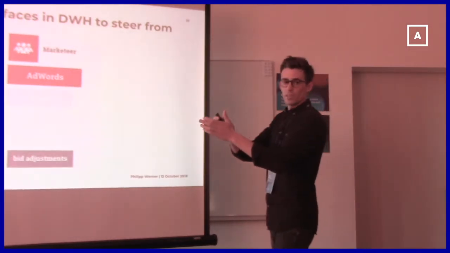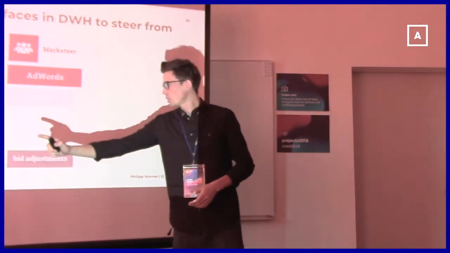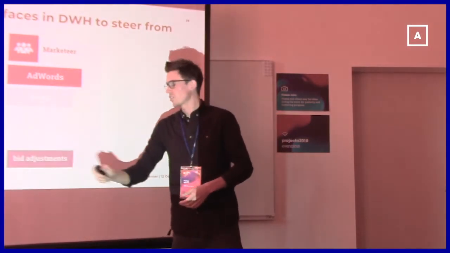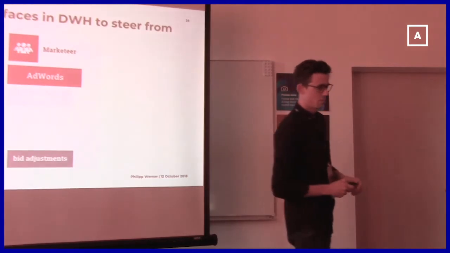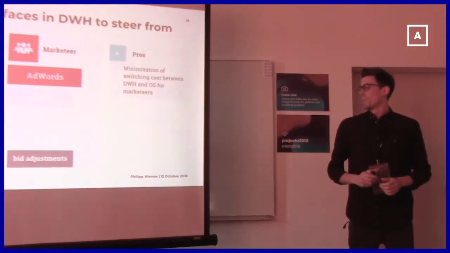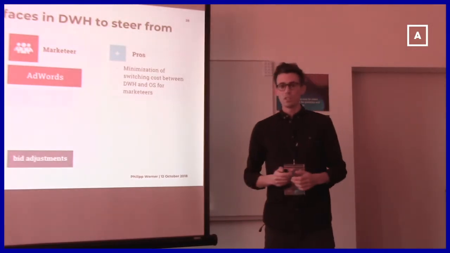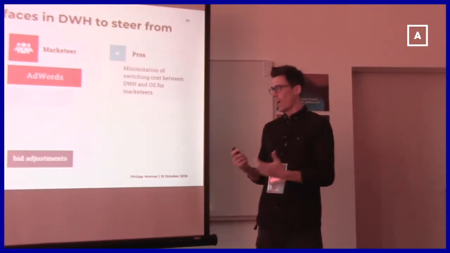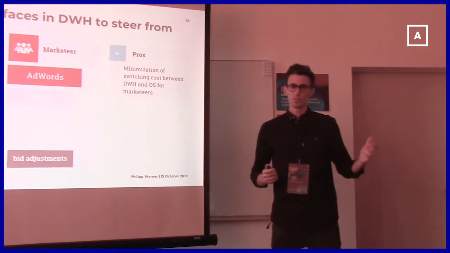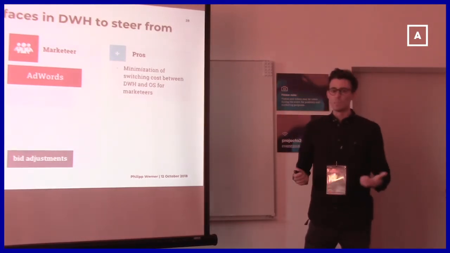Just look at everything they have in the data warehouse, make the decision what they want to do here, and then just perform the action in AdWords. What's good about this? We minimize the switching cost. So for starters, we have switching costs here as compared to the model before, but it's minimal, right?